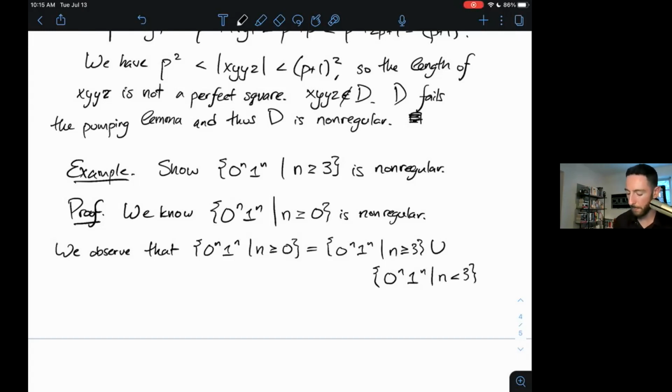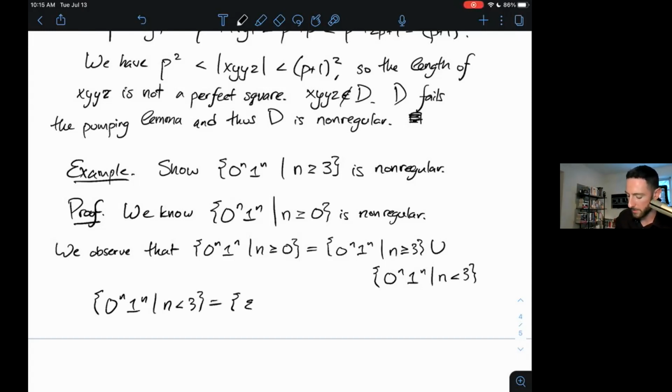So I've just observed that the union of the language I want to prove is non-regular and some other language is a non-regular language. And in particular, that other language is 0^n 1^n such that n is less than 3.